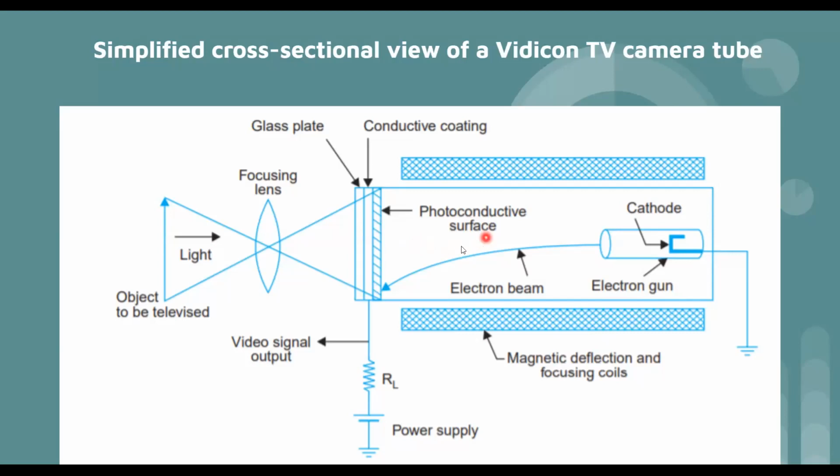Clear? So the photoconductive coating material plays a vital role in transmission of picture, especially in manufacturing of camera tubes.